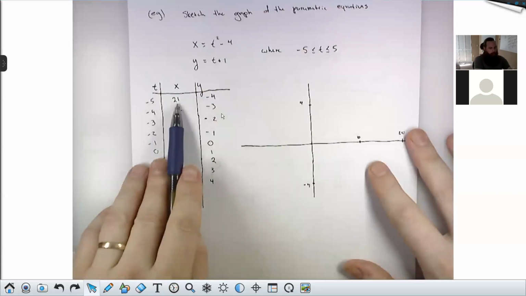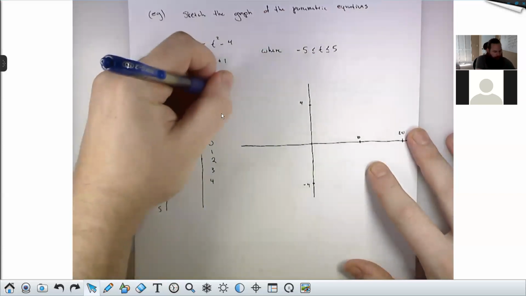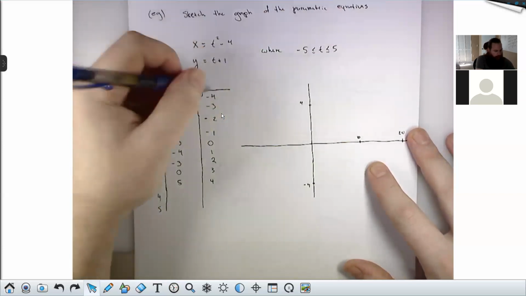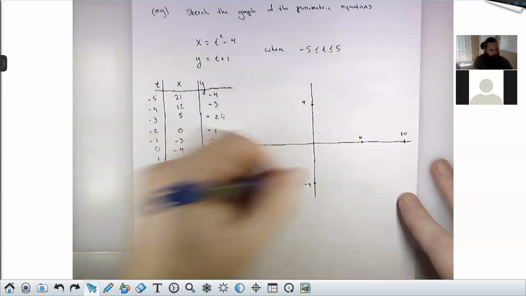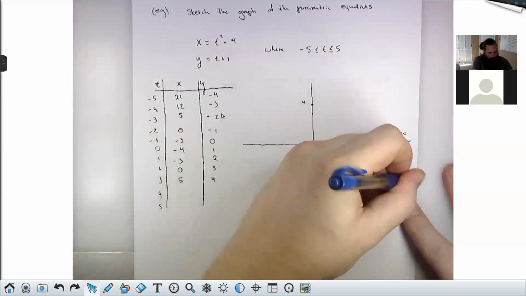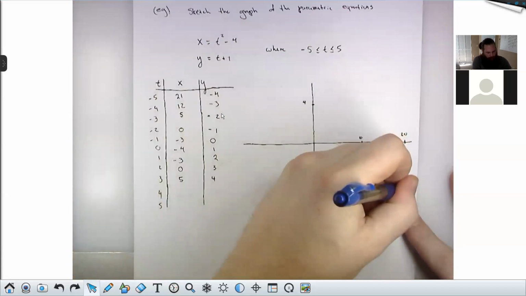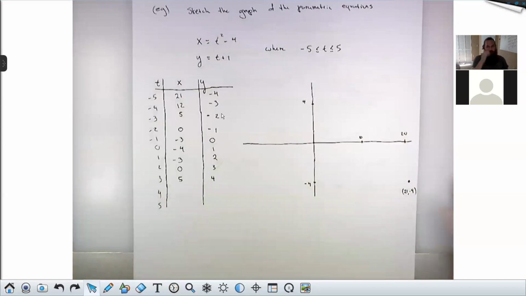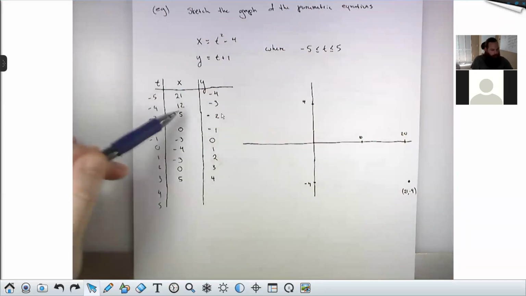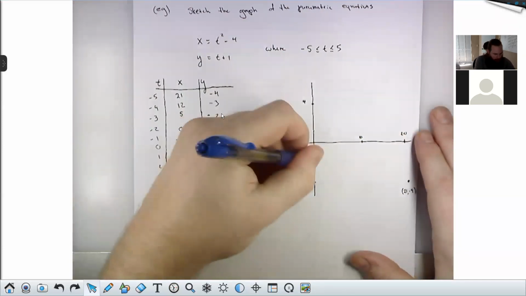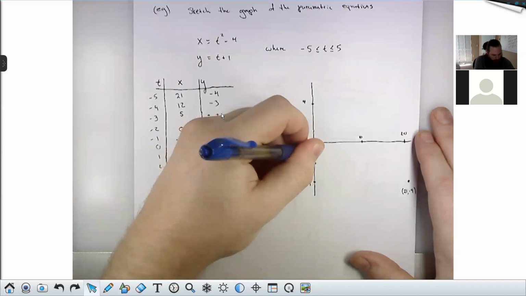So this row tells me that the point 21, -4 is on my graph. So that would be right here. That's the point I get from the first row. And then I've got 12, -3. So if that's 4, this would be 2, 1, 3.